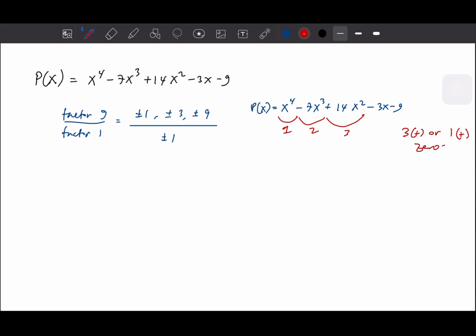Okay, and then only 1 negative zero. So we could check, first is the positive one. So we could check through the synthetic division.